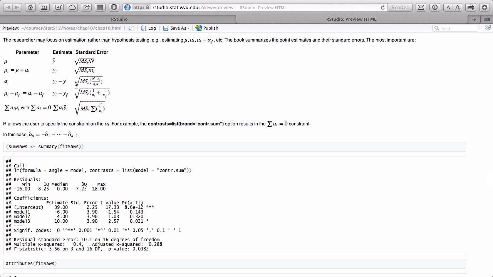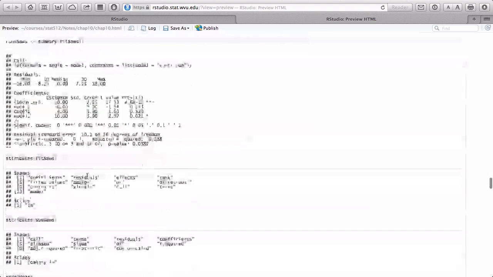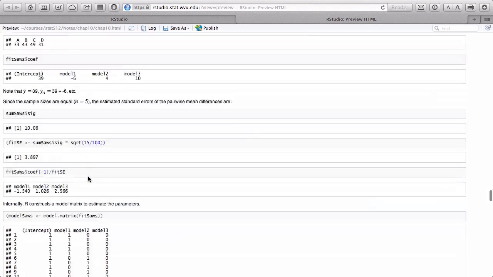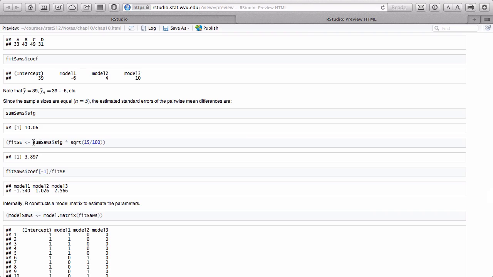So that's 15 over 100, times the square root of that sigma estimate. So it's roughly 10 times the square root of 15 over 100. That's actually what I'm computing down here, and that's the standard error for the alpha hat sub i's.